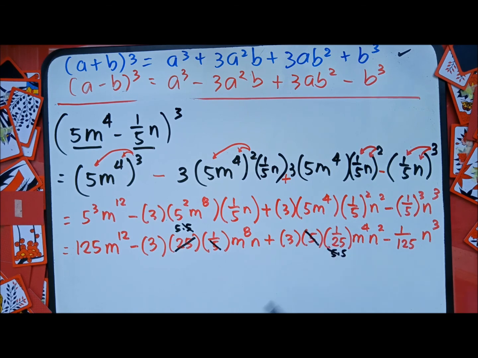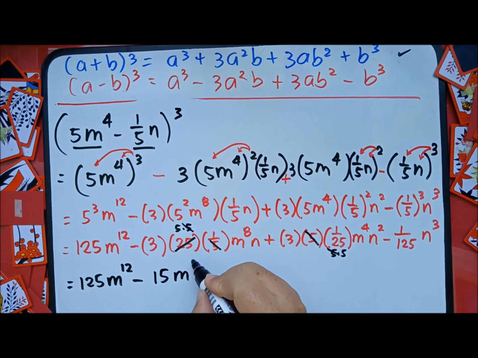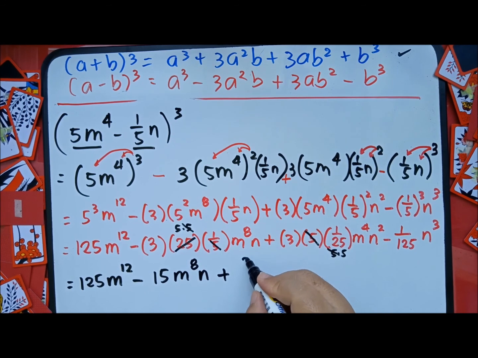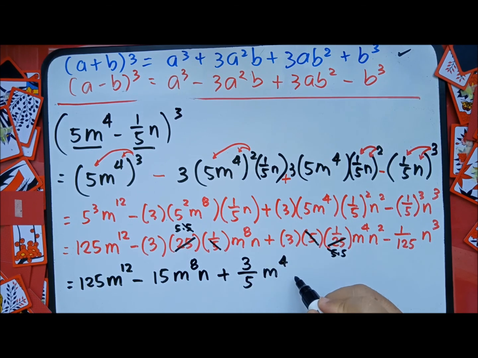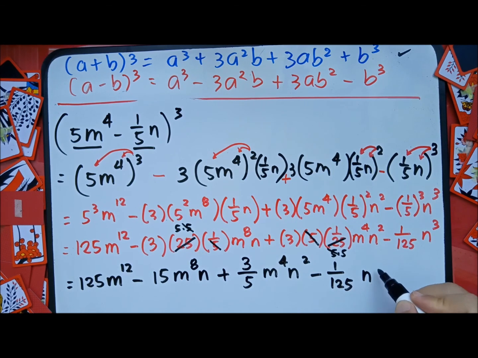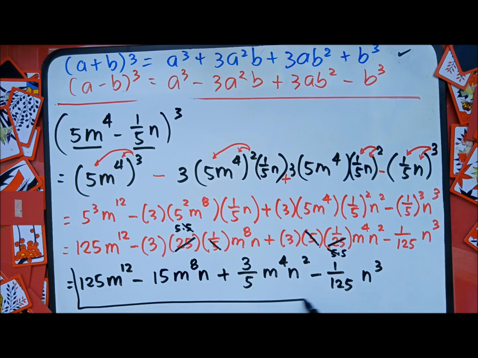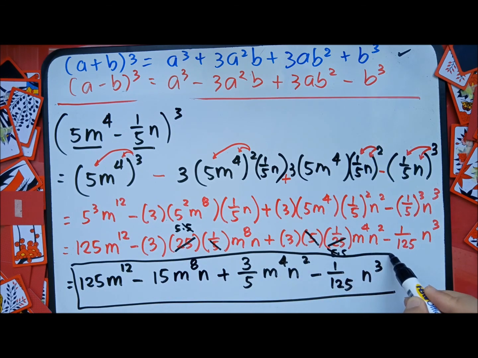What will become next? 125 m raised to the 12th power minus 3 times 5 is 15, m raised to the 8th power times n plus 3 times 1 is 3 over 5, m to the 4th power n squared minus 1 over 125 n cubed. So this will be your final answer.